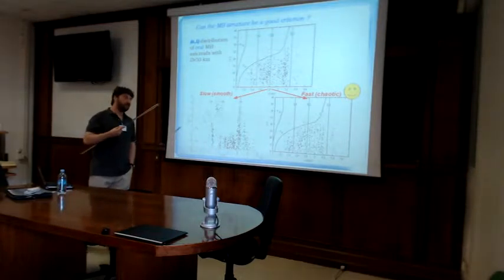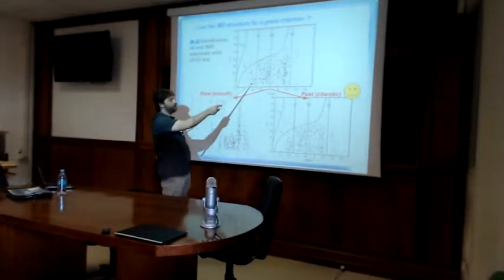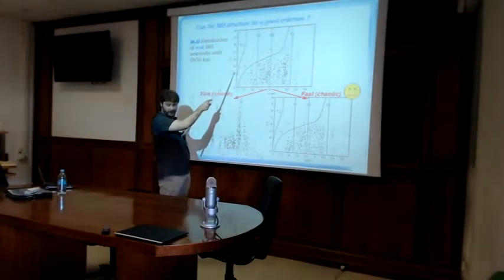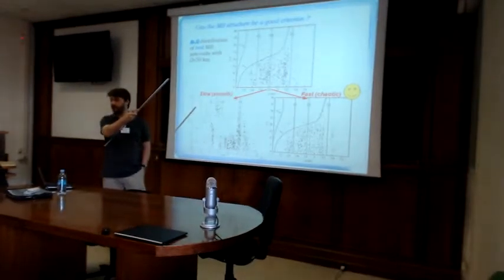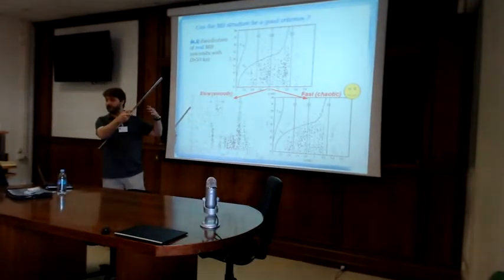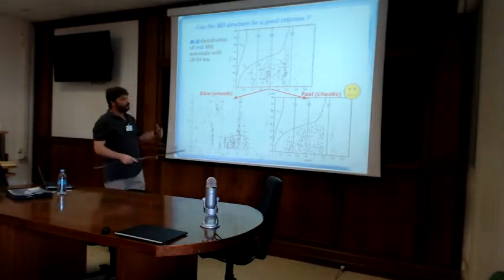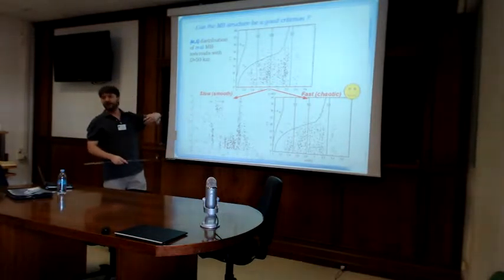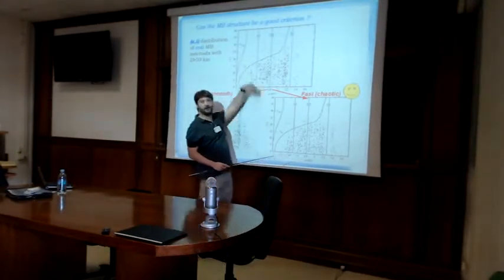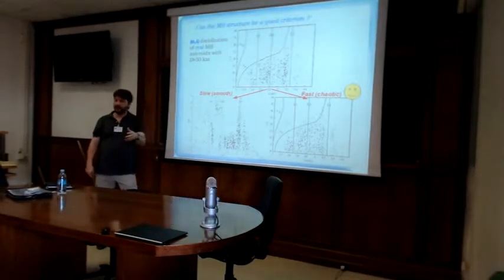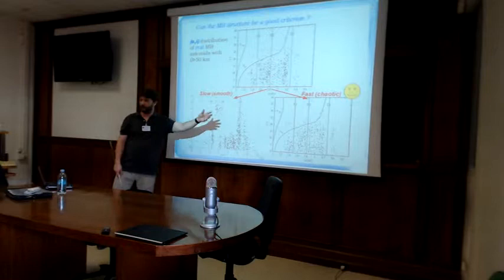The answer is yes, for the most part, in the sense that if this is the current distribution of asteroids in semi-major axis and inclination, and I'm speaking only of asteroids larger than 50 kilometers in diameter, so not to worry about the Yarkovsky effect or small family members and so on, then I can try to reproduce that starting from different initial configurations. Let's say a flat disk or an excited disk, and I make the planets migrate either slowly or fast, either smoothly or chaotically.